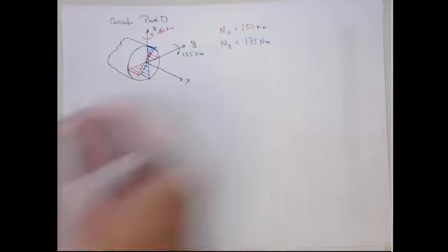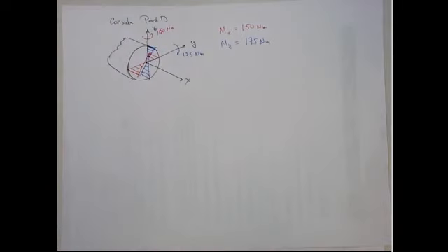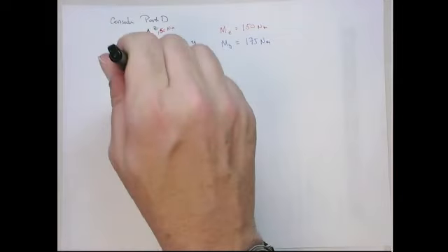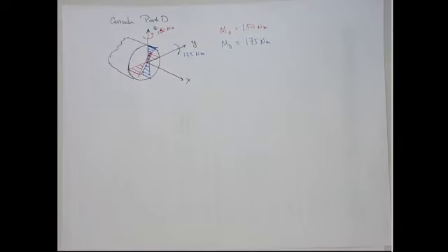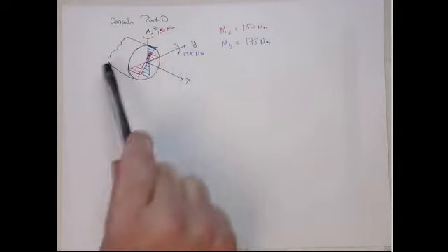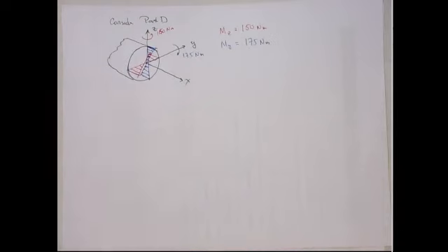Somewhere on this face you're going to have a maximum, right? So this is kind of tricky. If you look at these two points, at 6 o'clock and at 12 o'clock, you're going to get no bending stress from the Mz.